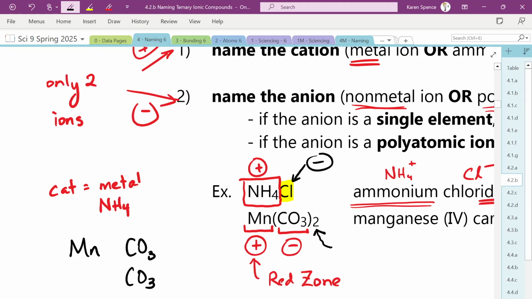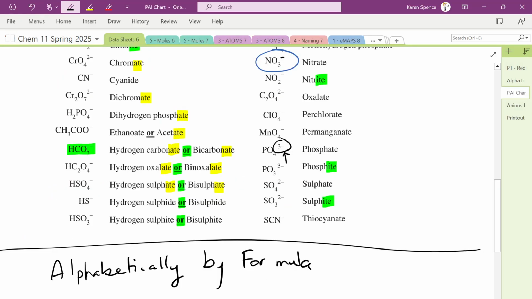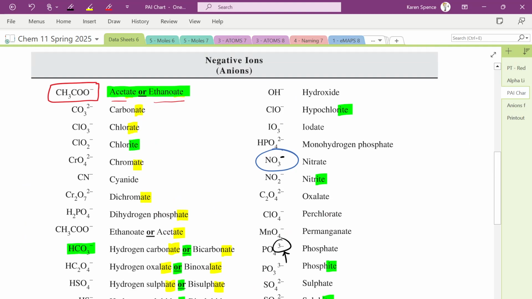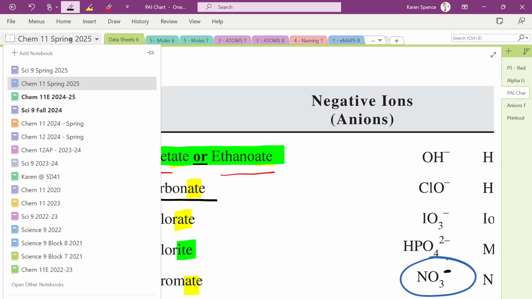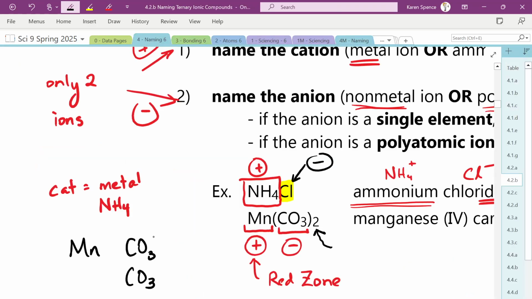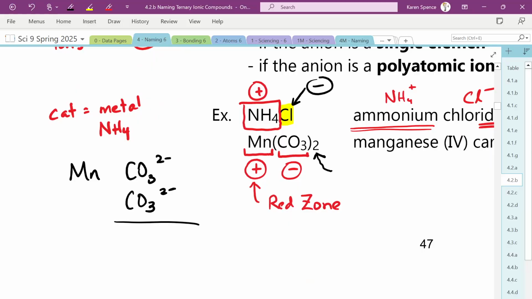Then we go to our data pages and we say, who is CO3? CO3 is carbonate, and carbonate has a 2 negative charge. So we're going to say that's 2 negative and 2 negative. Does this look familiar? We just add up those negative charges. 2 negative plus 2 negative is 4 negative.